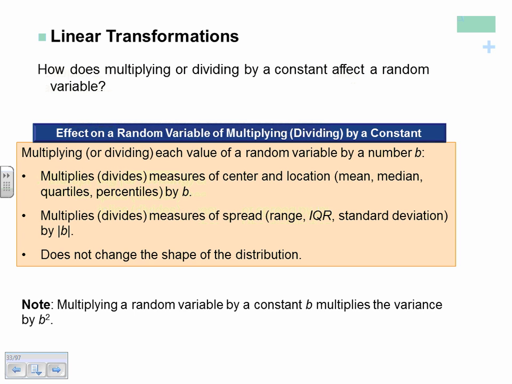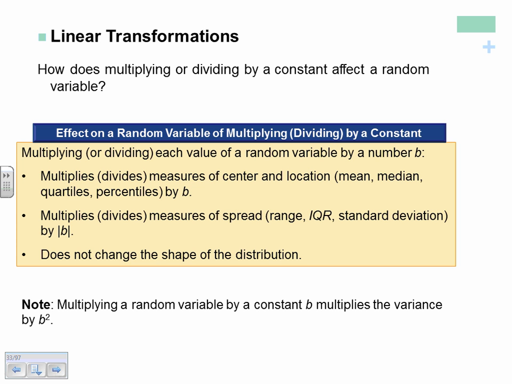So how does multiplying or dividing by a constant affect a random variable? So let's look and see. All right, so if I am multiplying, and remember you could multiply by a fraction, which is just dividing. So if I multiply each value of the random variable by a number b, then it's going to take that center and it's going to multiply it by that amount. With the spread, it's also going to multiply by that same amount, but it will not change the shape.